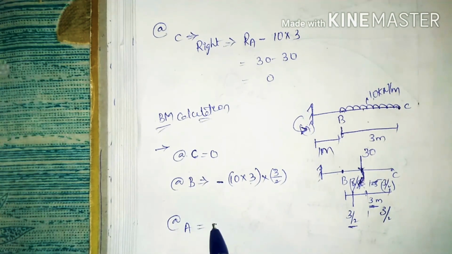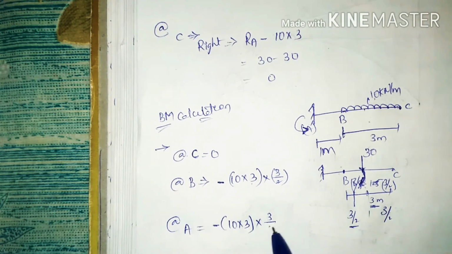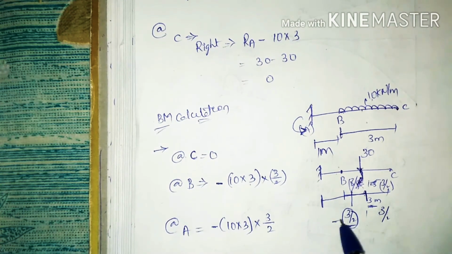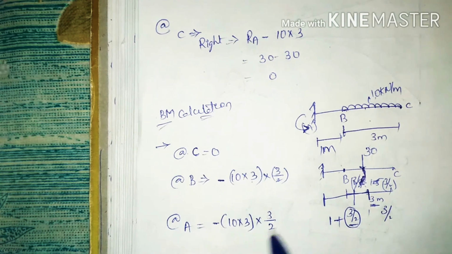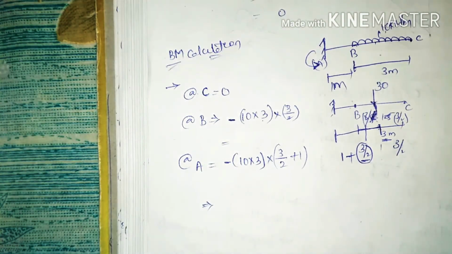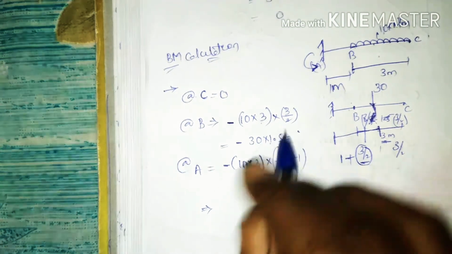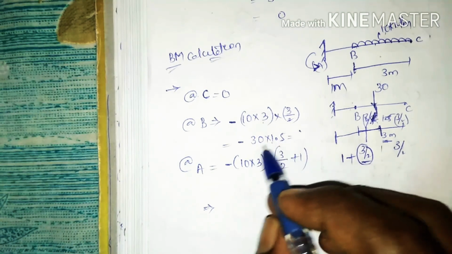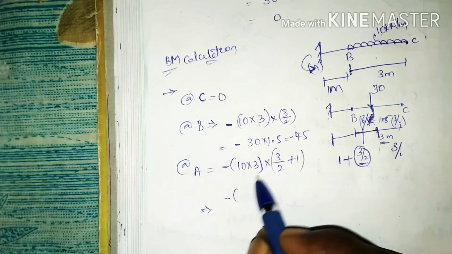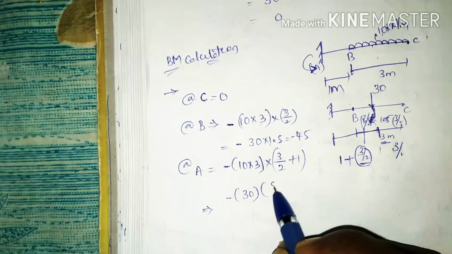We have to calculate minus 10 into 3, multiplied by the distance from here up to A, that is 3 by 2 plus the distance from B to A, which is 1, so 3 by 2 plus 1, that is 2.5.